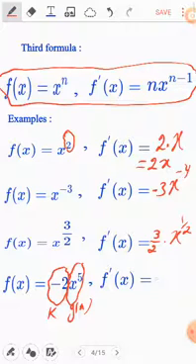The derivative is k, which is minus 2, times the derivative of g. The derivative of x power 5 is 5 times x power 5 minus 1, that is x power 4. It is equal to minus 10 x power 4.